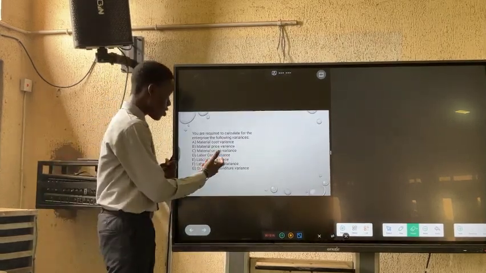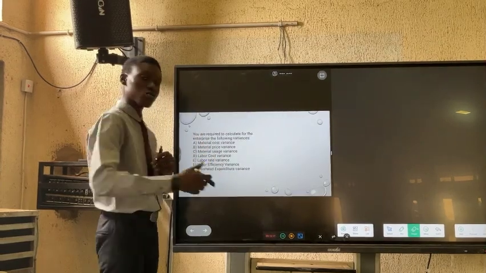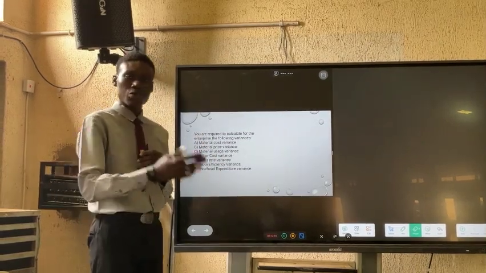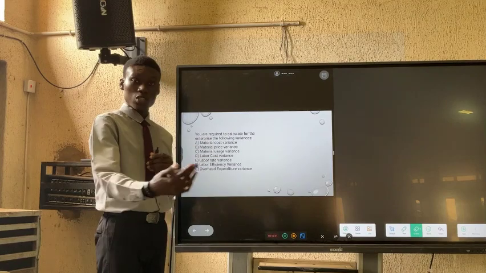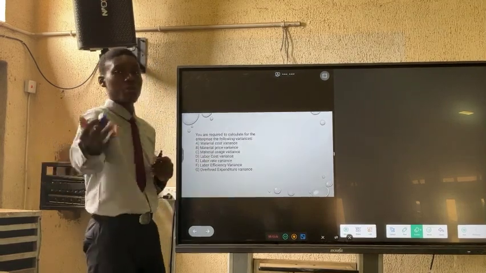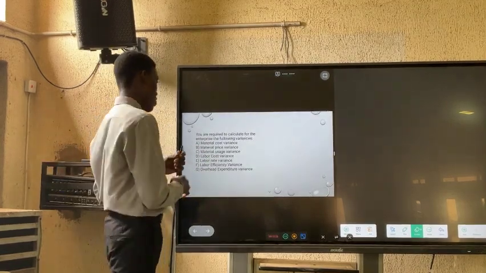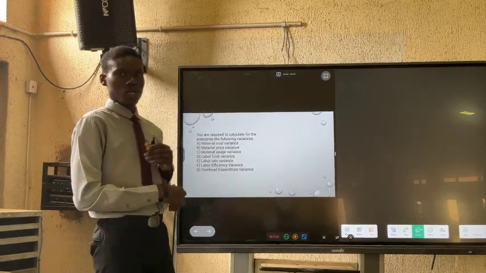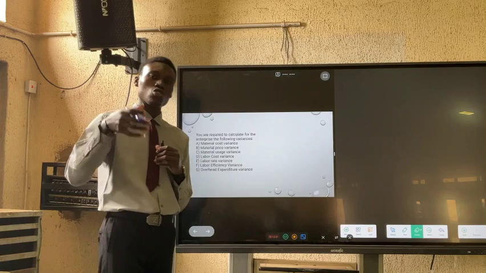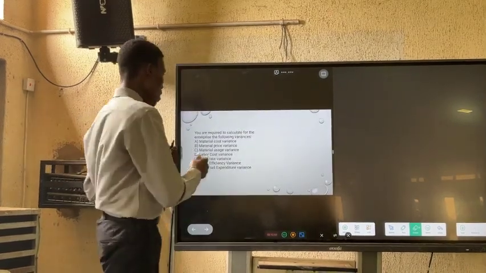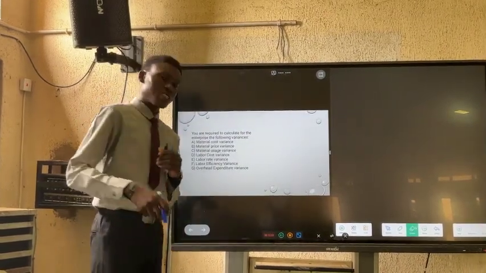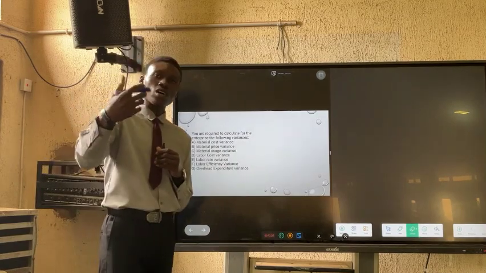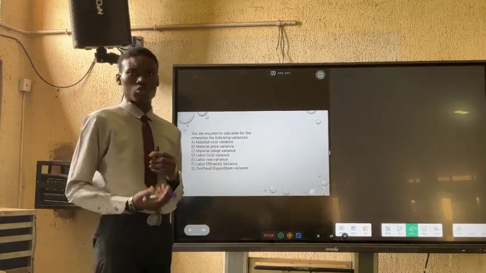So the rate at which the workers worked: the difference between the predetermined price that was set to pay them and the actual price that was paid to them. The labor efficiency variance is the difference between the time set for the production of goods and services and the actual time that was taken to complete the task in the production process.